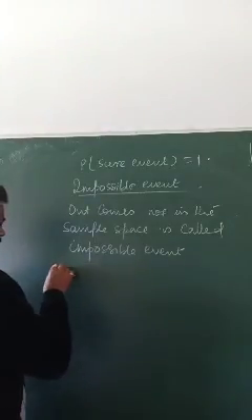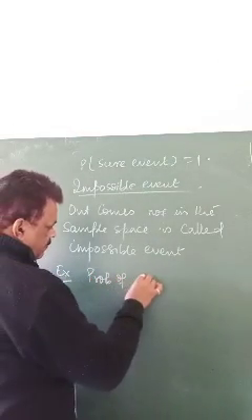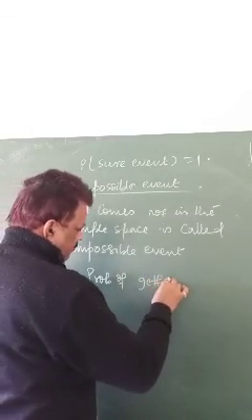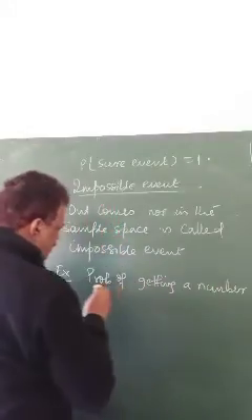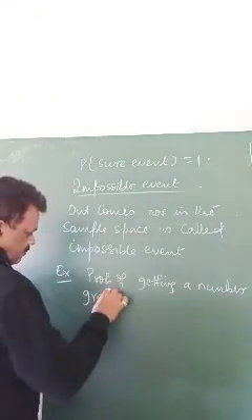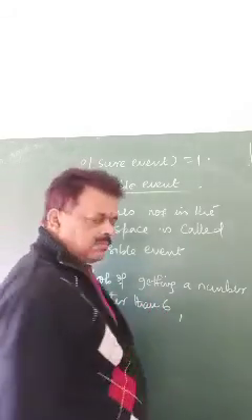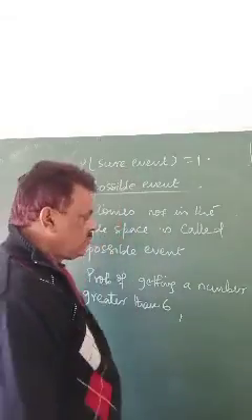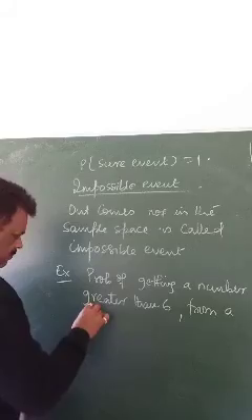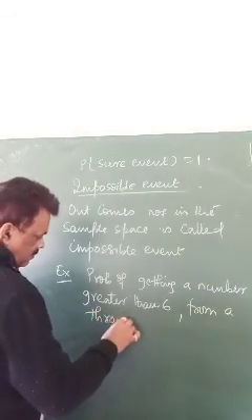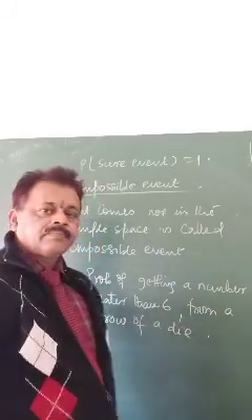Suppose, for example, probability of getting a number greater than 6 from a throw of a die.